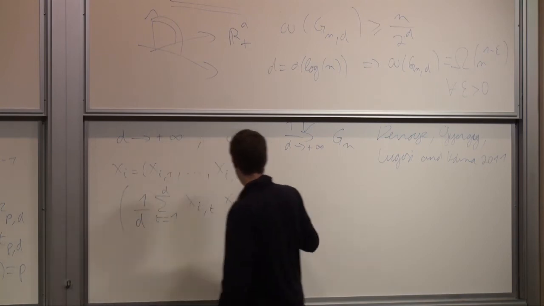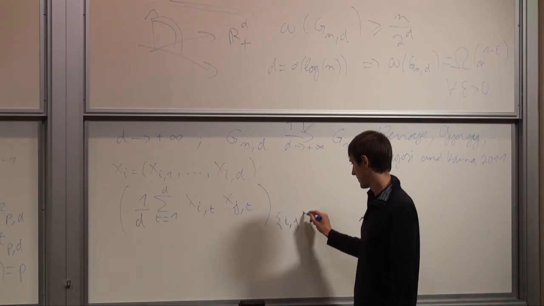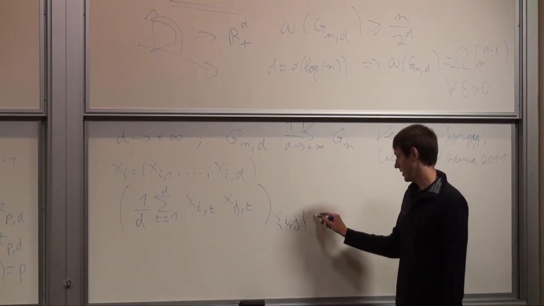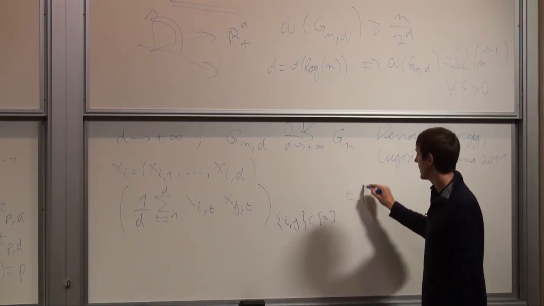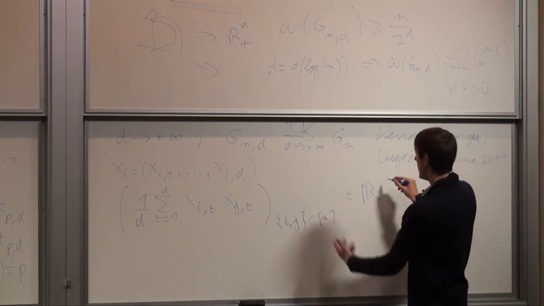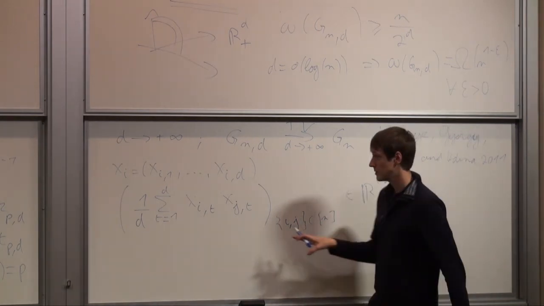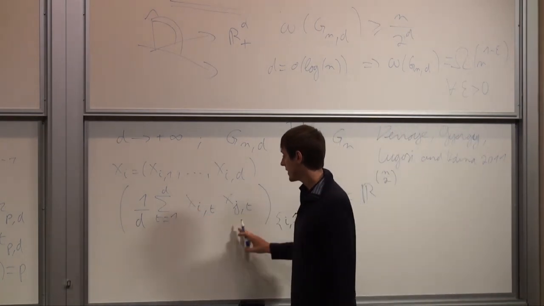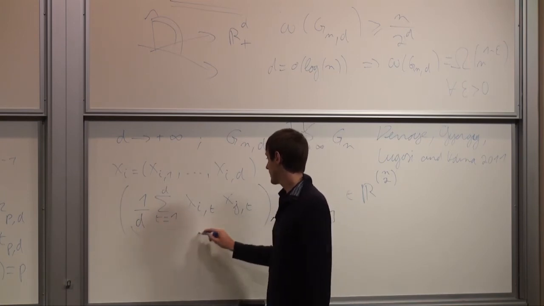Let's look at this as a vector indexed by pairs ij. So this is a vector in dimension n choose 2, since I have n choose 2 possibilities. Let's look at what it satisfies. What is the expectation of this?